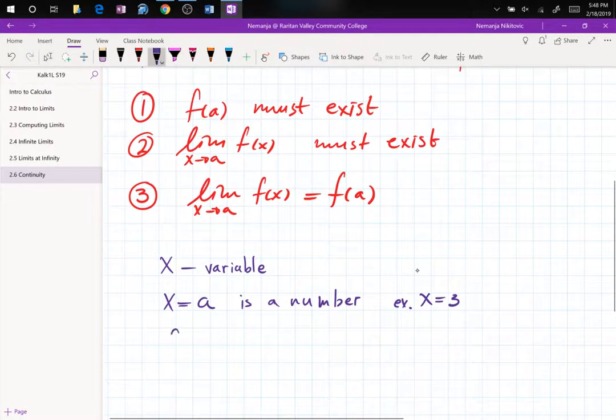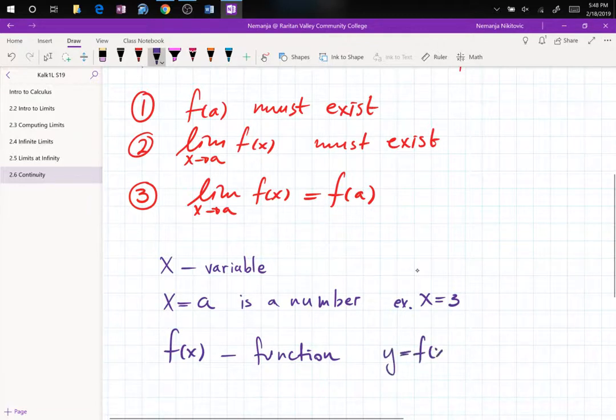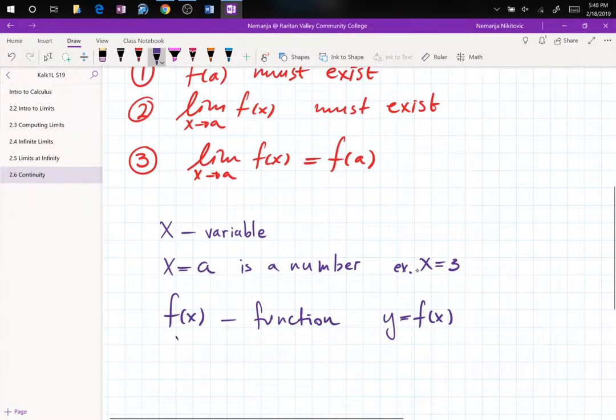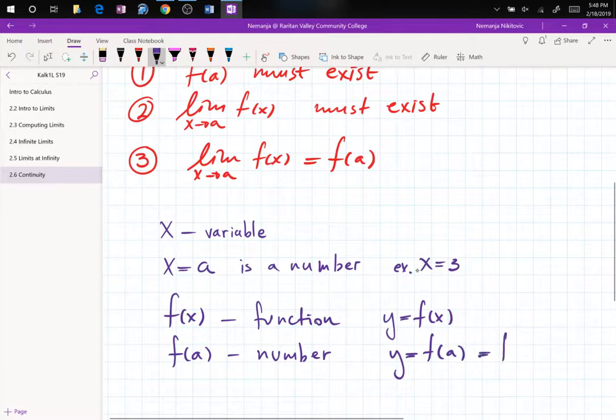When I say f of x, I mean a function, y equals f of x. When I say f of a, well, that's a number, because y equals f of a, which could be, let's say, f of 3, and maybe the answer is 8, or whatever.